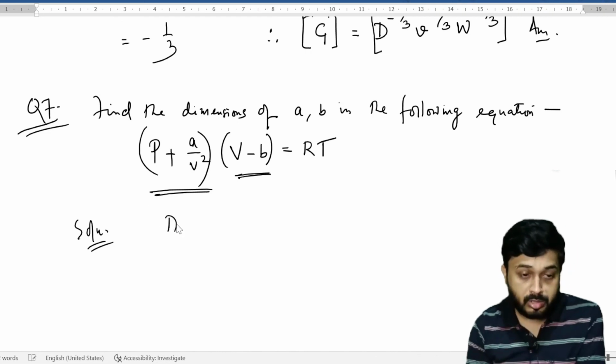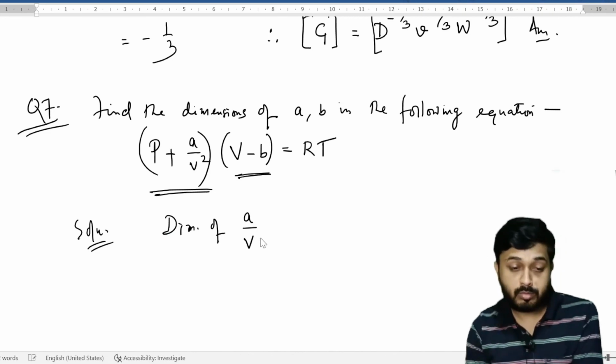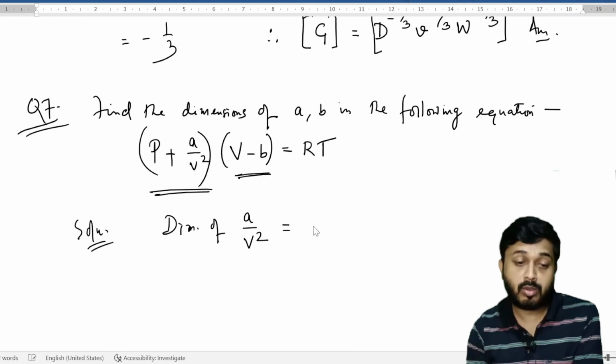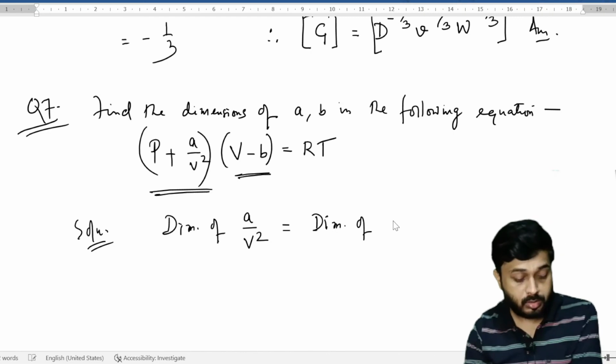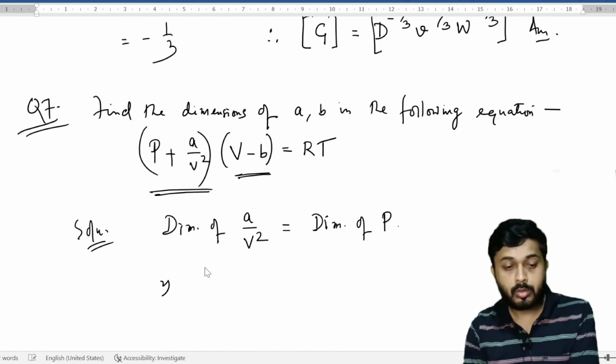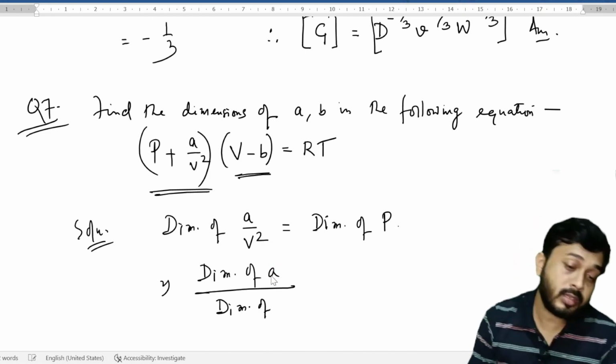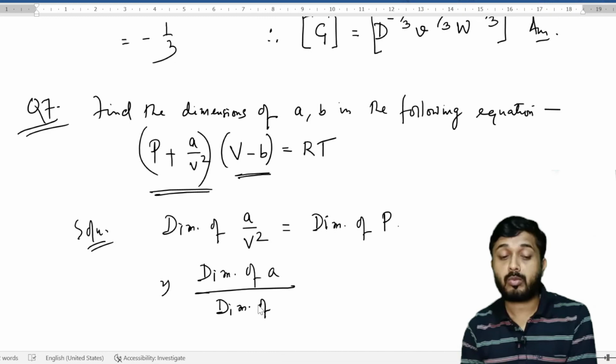All right. So the dimensions of A by V square, V is volume, is equal to the dimensions of pressure, the dimensions of P. So this can be split into dimensions of A by dimensions of V square. V is volume.